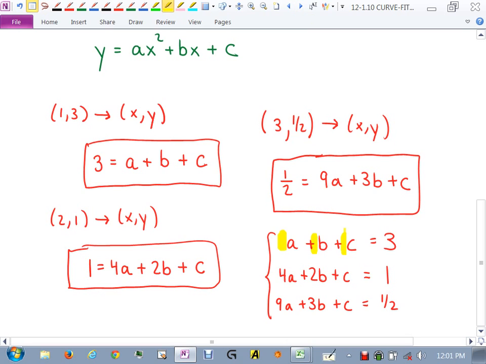See, we're using ABC instead of X, Y, Z. So what are the numbers on the first row? 1, 1, 1, 3. What are the coefficients of the second row? 4, 2, 1, 1. Next row, 9, 3, 1, 1/2.